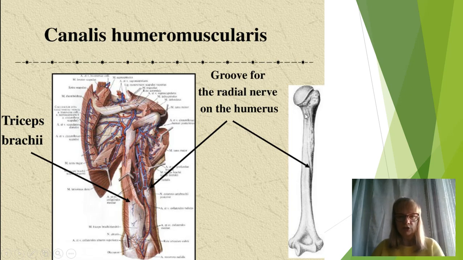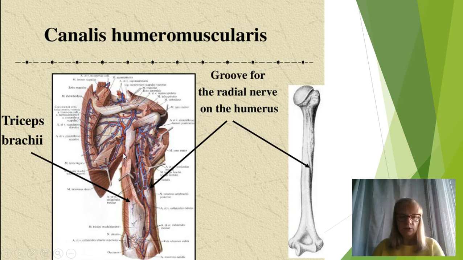So it's located between two structures. One structure you see here on the back, behind the deltoid tuberosity, which is located in the lateral aspect. Behind this tuberosity we have a groove for the radial nerve on the humerus. The name of the structure on the bone: groove for the radial nerve. According to our position, it will be the anterior border of the canal.